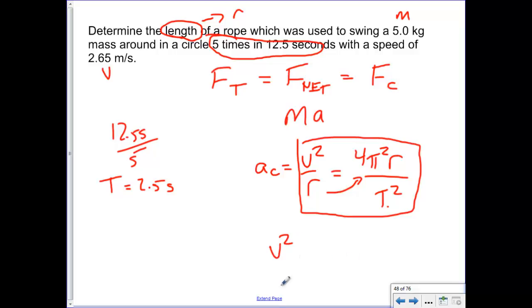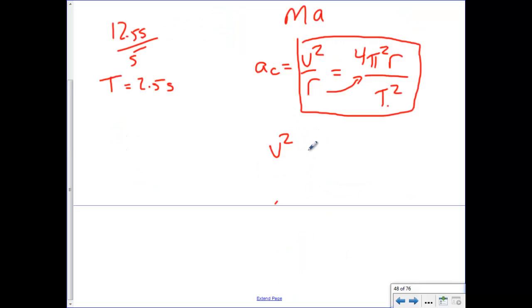So you'd have v squared equals 4 pi squared. If you bring r up to the side here, it'd become r squared, and then bring the t squared up too. If you bring the t squared to the other side and then just divide by the 4 pi squared, okay, that'll work. Then you have r squared by itself.